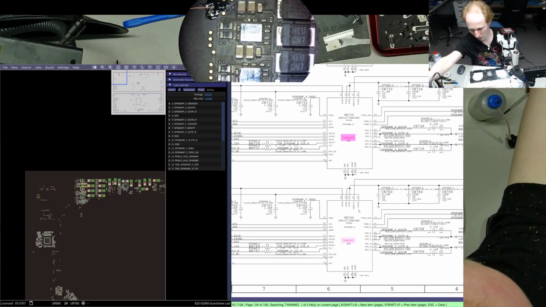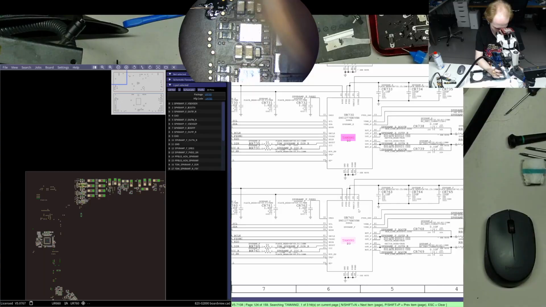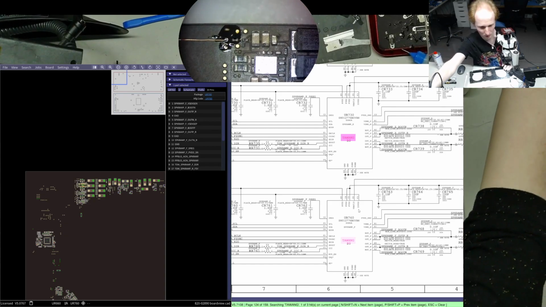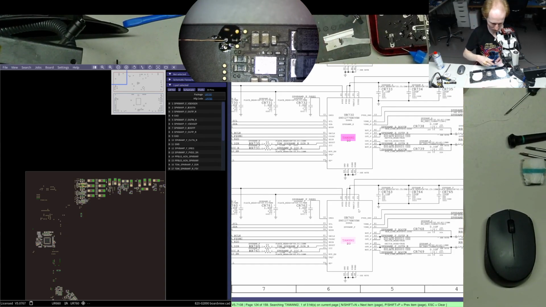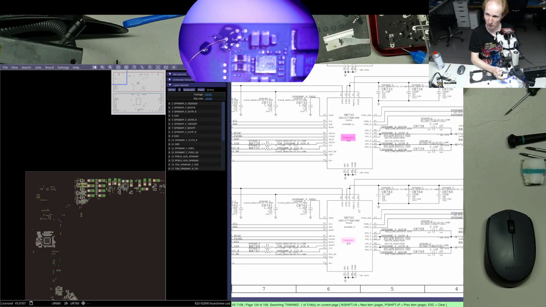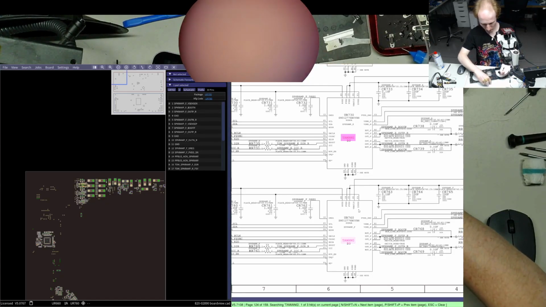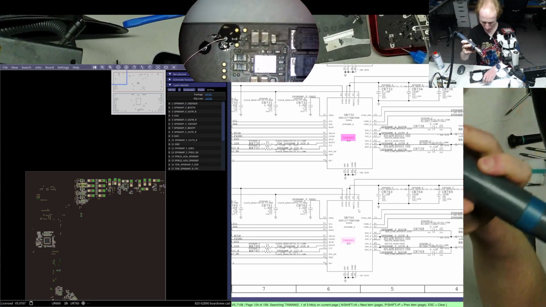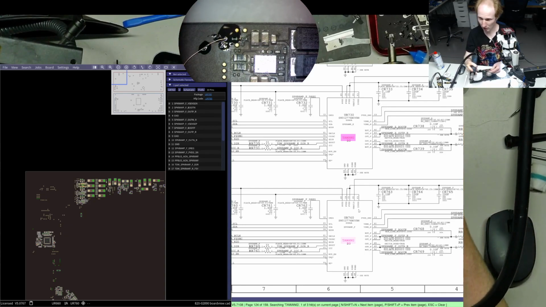Okay, so let's remove it and see what's underneath it. Let's put some glue on this cable so it won't go away as we solder it. Okay, so this is quite a straightforward matter.